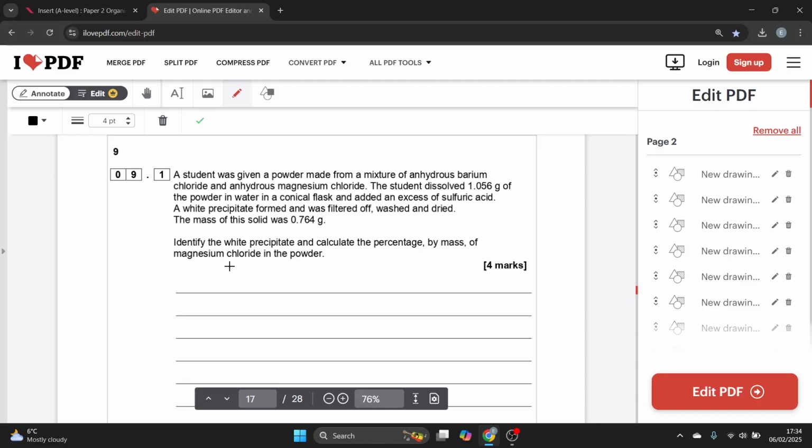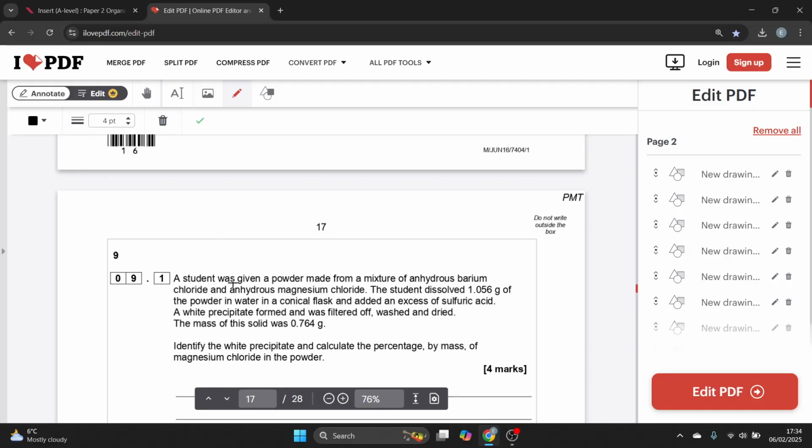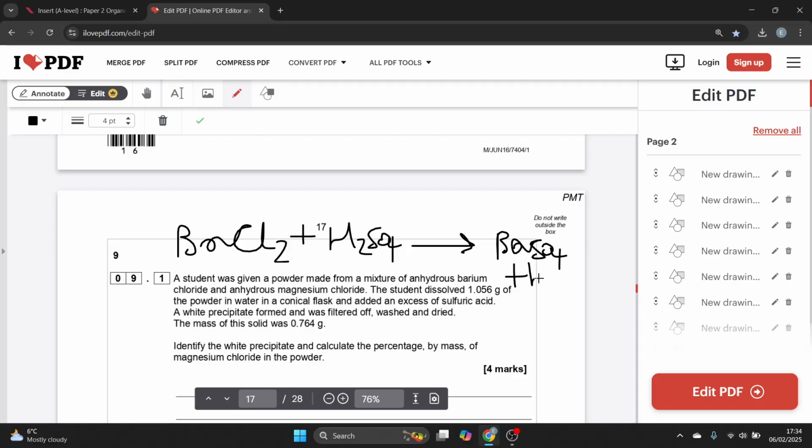Now I know a white precipitate was formed, so barium chloride. Identify the white precipitate. It's going to be barium sulfate, because what I'm doing is barium chloride plus H2SO4 to form barium sulfate plus 2HCl.